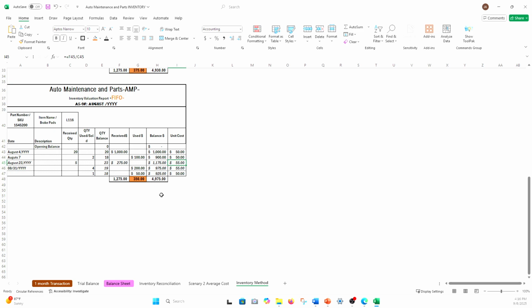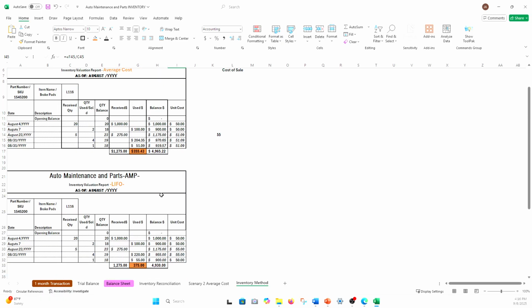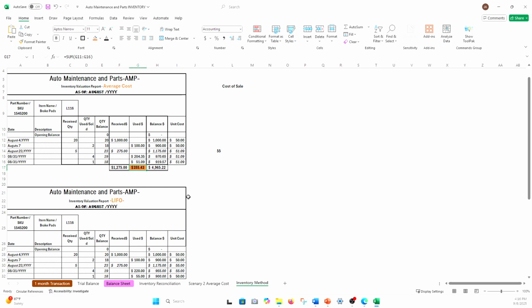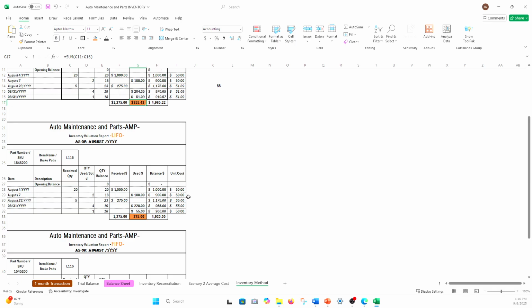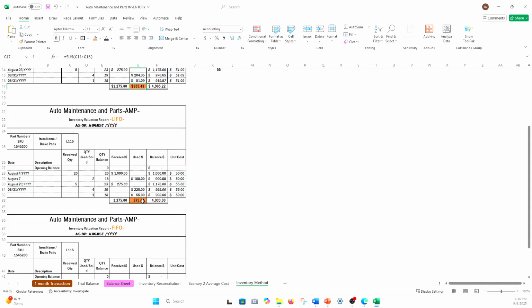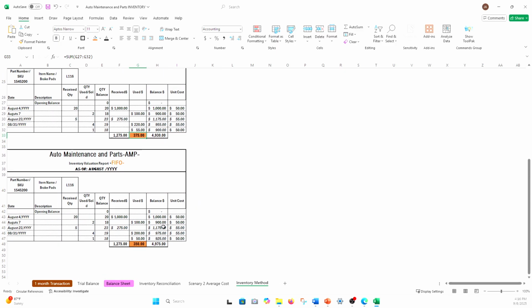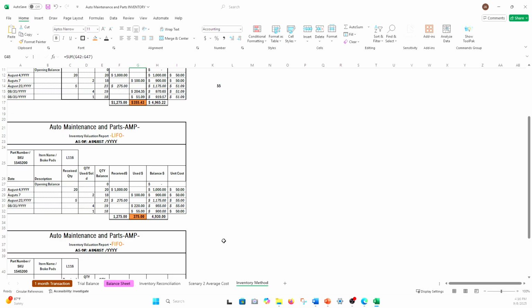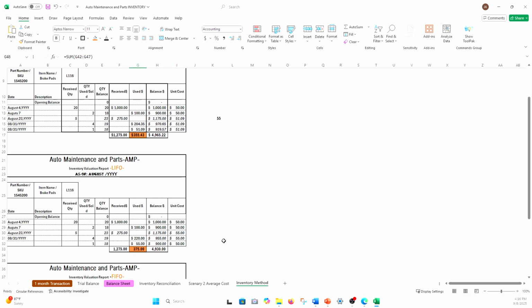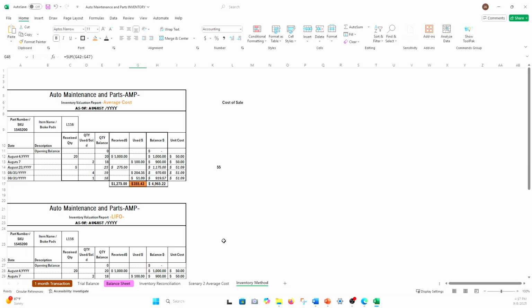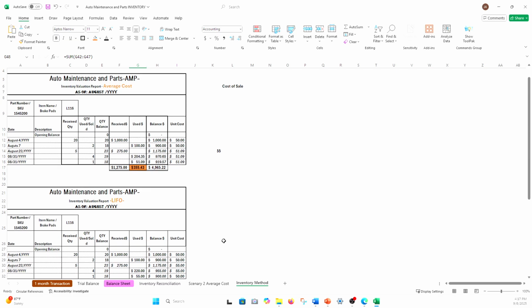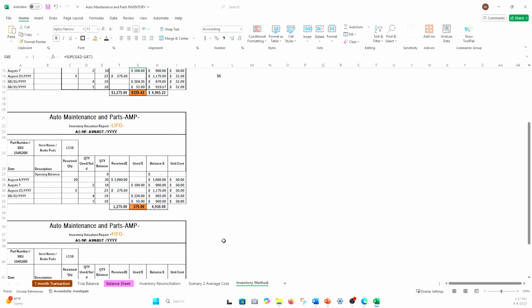So let's compare. Average cost gives me $355.43 cost of sale for the same quantity, same units, same items. LIFO $375 and FIFO $350. Companies use these systems depending on which one is more favorable, which is better for taxes.